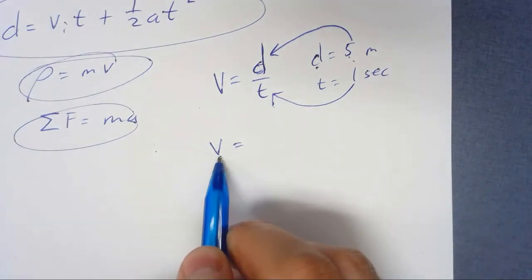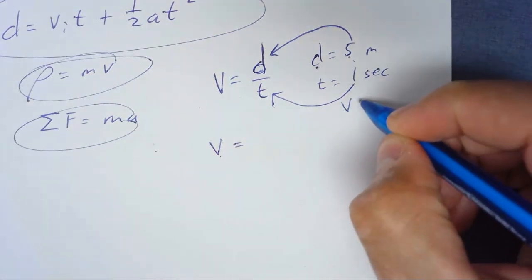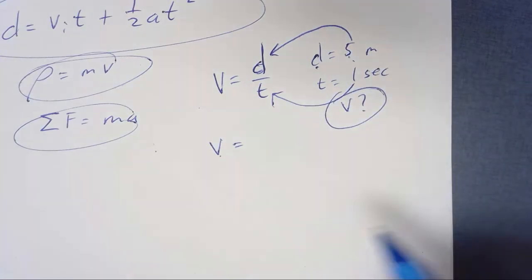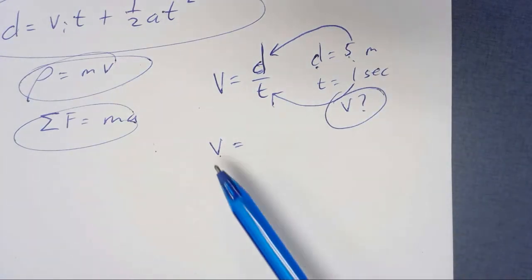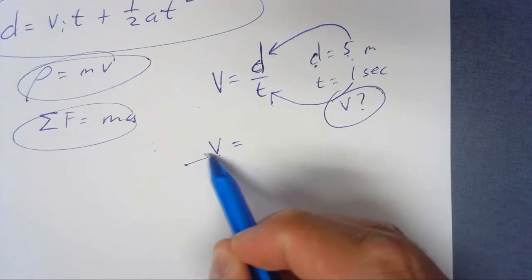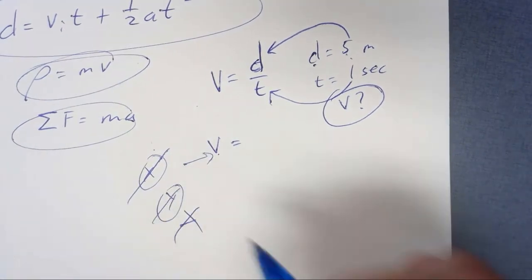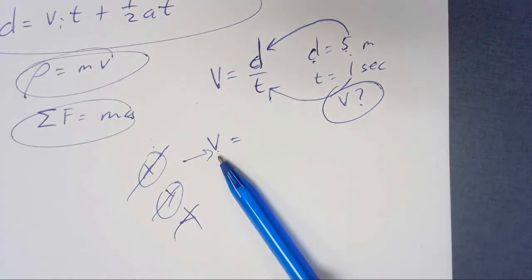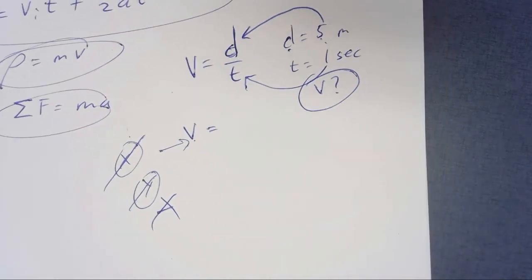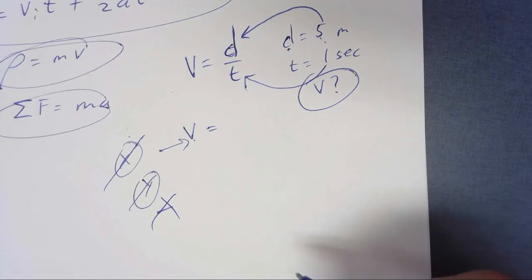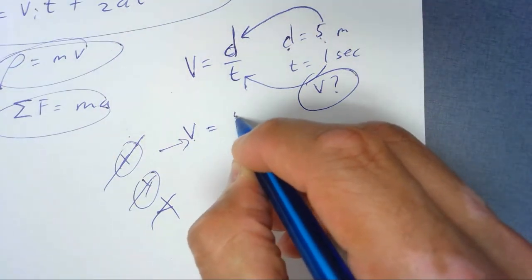I'm going to leave v the way it is because in this case, this problem was asking us to solve for speed. So since that's what I'm looking for, I'm going to leave it. Now, really important in this case, do not put an x, do not put a y, don't put a blank, don't do any of that. Leave the variable the way it was in the equation originally. That's really important. Our d becomes a 5.